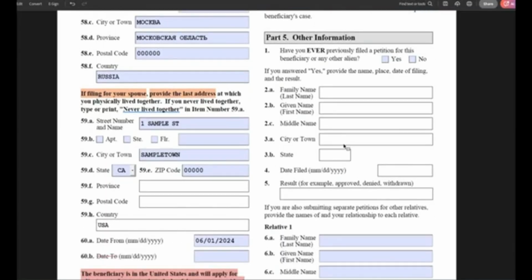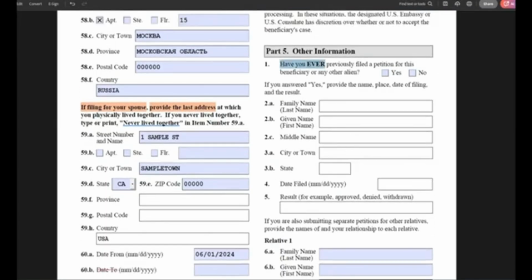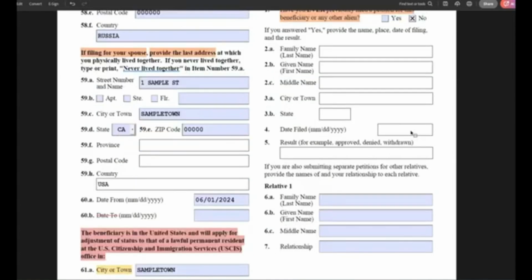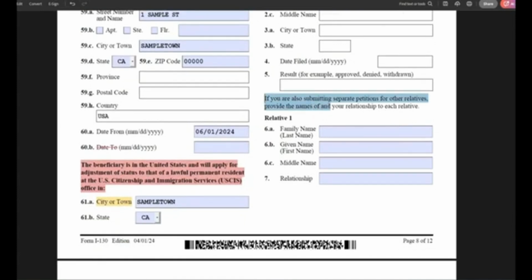Moving on to part 5, it is asking if you have ever previously filed petitions for this beneficiary or any other beneficiary. Again, this refers to I-129F, I-130, I-140 petitions. And this section is asking if you are submitting separate petitions for anyone else at the same time.